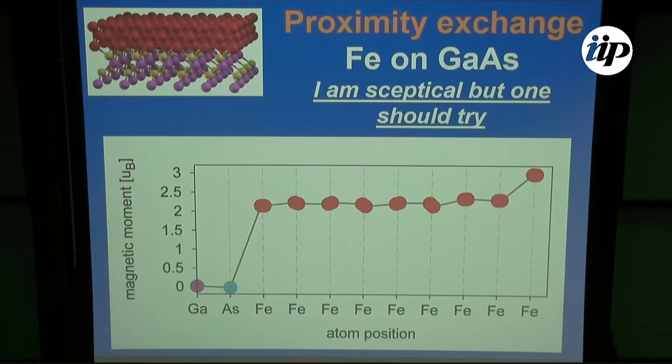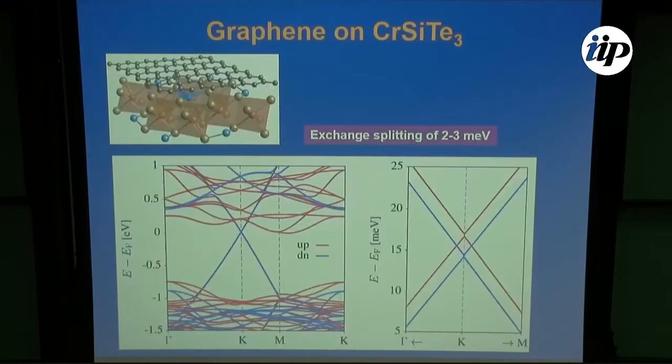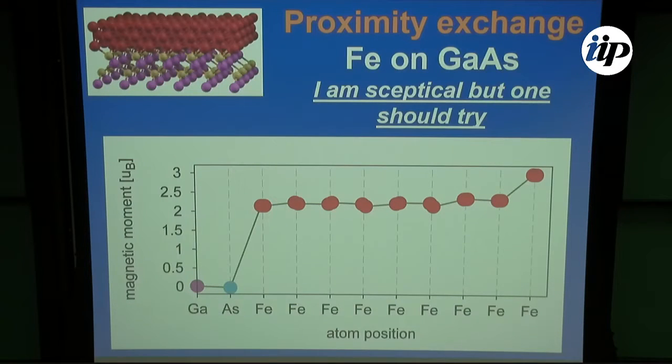This is the total magnetic moment at the monolayer. We haven't yet looked at the actual splitting of the bands, like for graphene. This is like a 5-year-old calculation that I just got before this talk, just to show something. But we will have more information. But based on our experience with graphene, I'm skeptical. And this is iron. This is a metal.